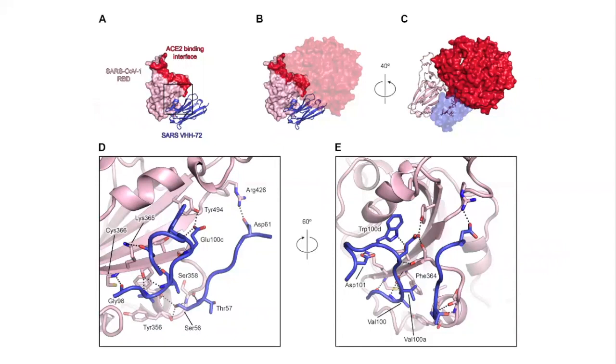The high affinity of VHH72 and SARS1 RBD can be accounted for by the network of hydrogen bonds created between VHH72's CDR2 and 3 and the RBD domain, as can be seen in figures D and E.